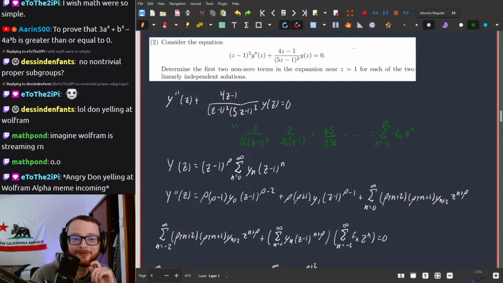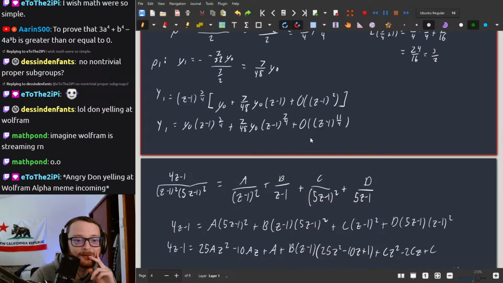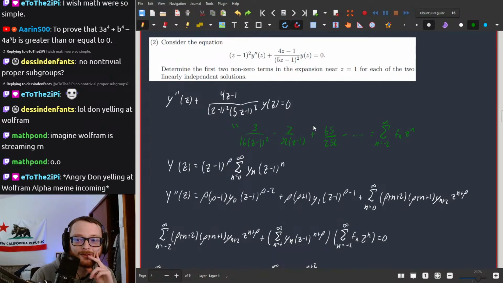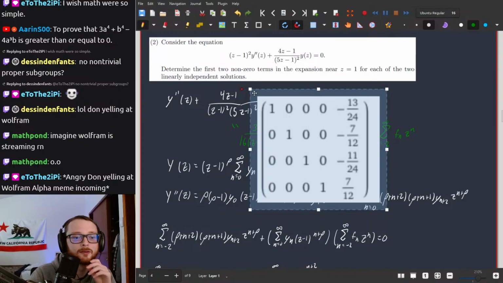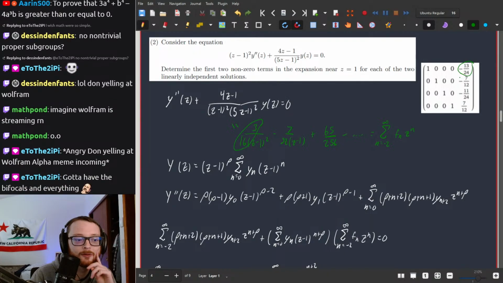Okay, so what I was hoping for was that this minus 13 over 24 would match this 3 over 16, and this minus 7 over 12 would match this minus 7 over 32.